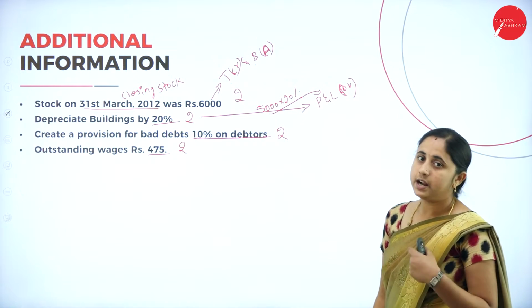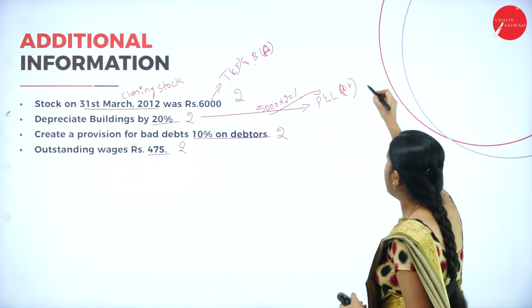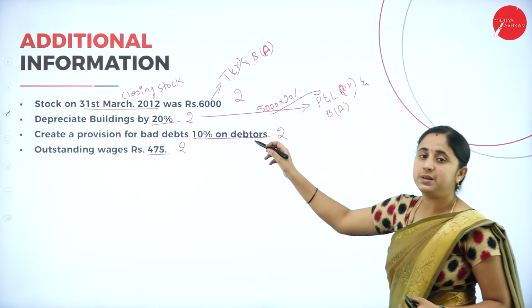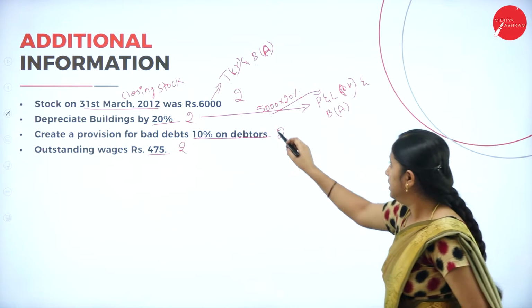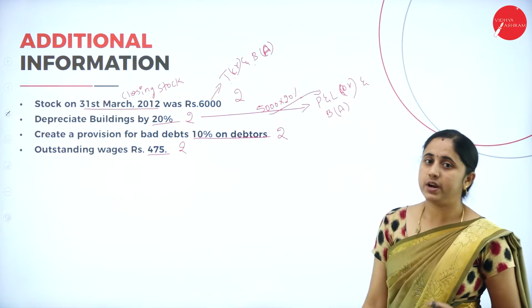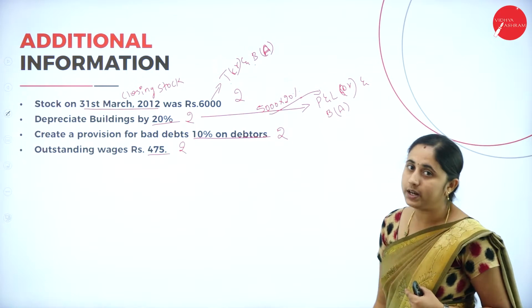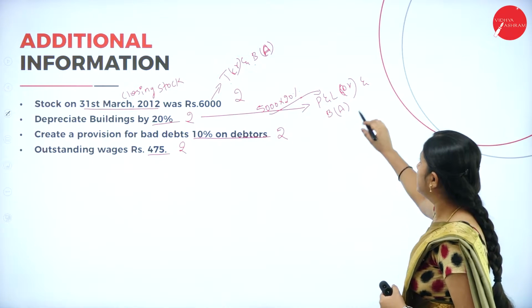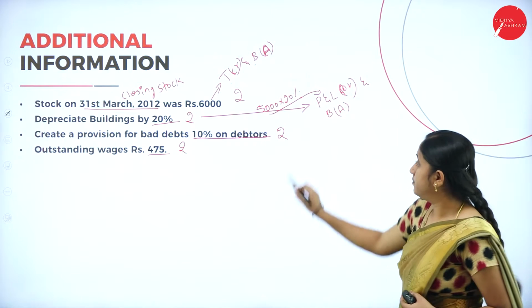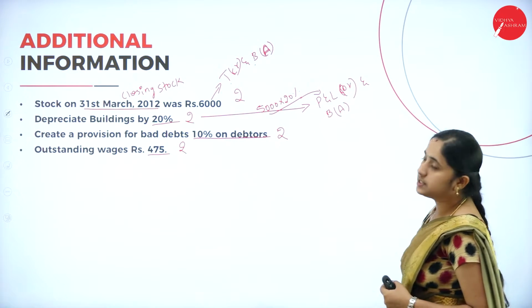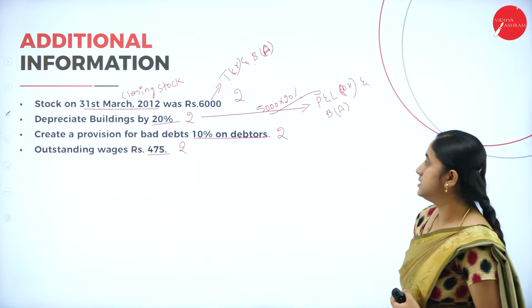Again in the balance sheet, asset side, from the building, you will deduct this 5,000 into 20%. The amount you get after calculating 5,000 into 20%, you will deduct from 5,000 of building amount. So, you will consider profit and loss account and balance sheet asset side.